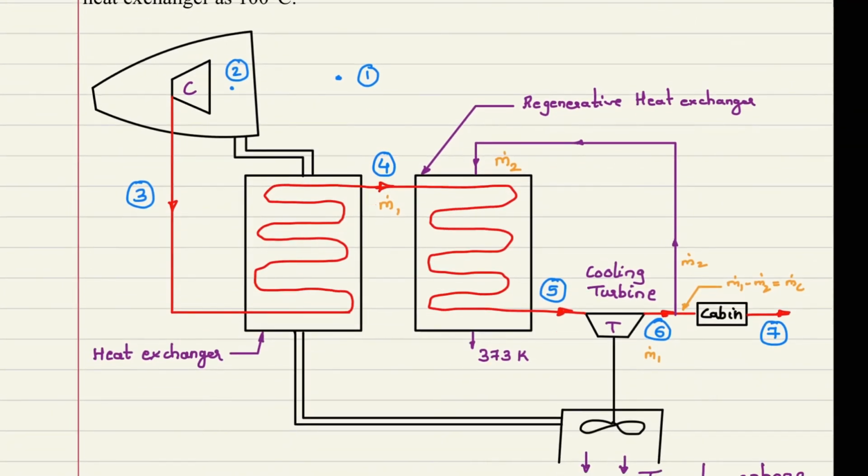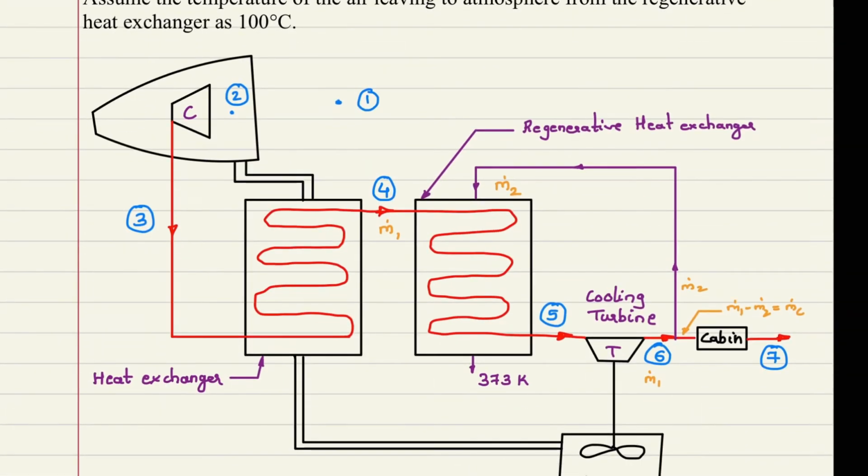So the exit temperature is given, 100 plus 273, 373 Kelvin. Based on this, what is the entry temperature of this regenerative heat exchanger? This air which has mass m2 will be the same as T6. So here we have T6 and here the temperature is 373. We know the temperatures T4 and T5 also. So we know all 4 temperatures for the regenerative heat exchanger.